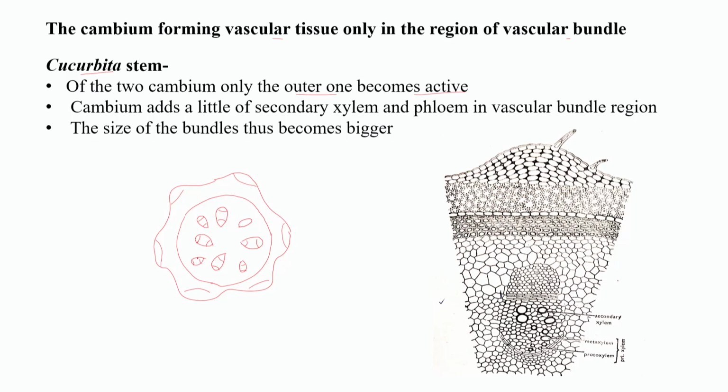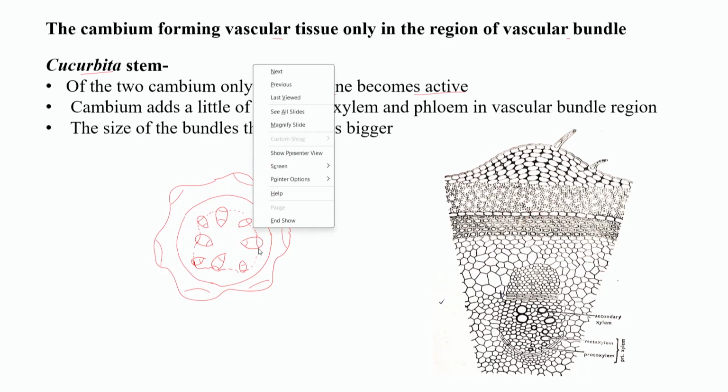The interfascicular region between these cambia will become active, and they will also form a wavy ring-like structure, because they are oriented in different locations, not on the same plane or the same diameter. So first of all, you will see a wavy outline of this cambium.